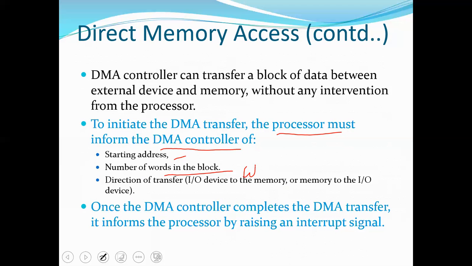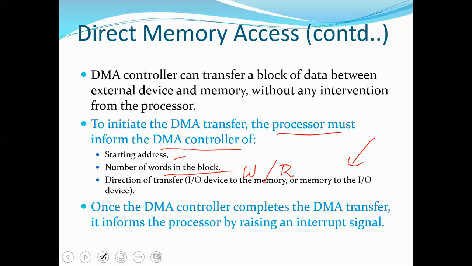From memory you are reading to the IO device, so it is a read operation. All this information is sent by the processor to the DMA controller. In the DMA controller there are some registers to store this information.